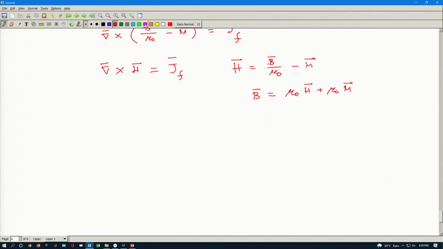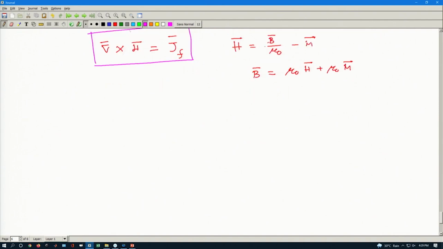So, curl of H is J free. This is the new form of Ampere's law in the material, and if I want to write the integral form, it should be the integral of H dot dl is equal to I free enclosed. Okay, that I should write.